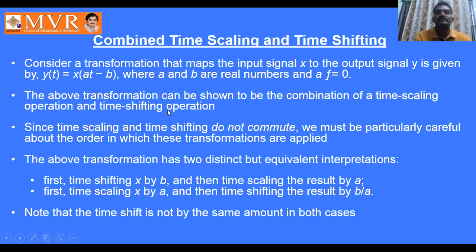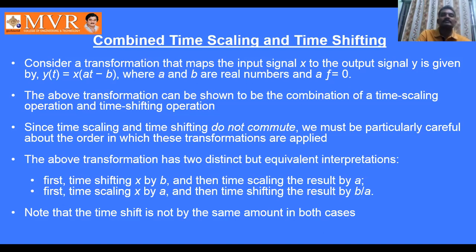Next, combined time scaling and time shifting. Consider a transformation that maps the input signal x to the output signal y given by y of t equal to x of at minus b. x of at is the compressed signal, that is time scaling, and t minus b is time shifting.